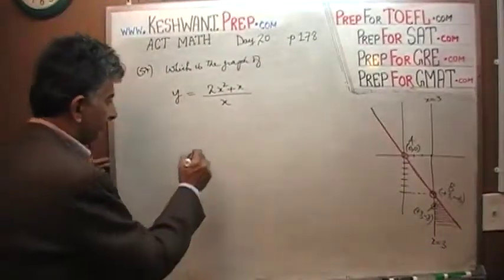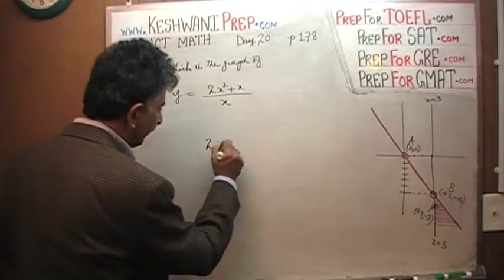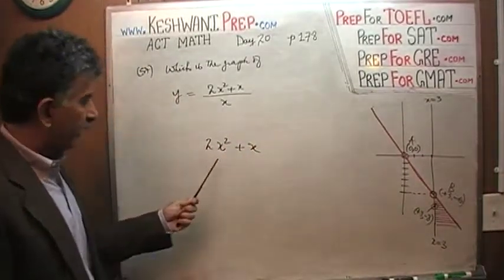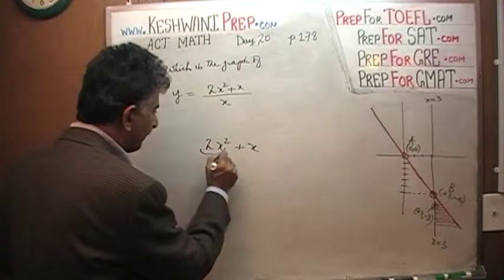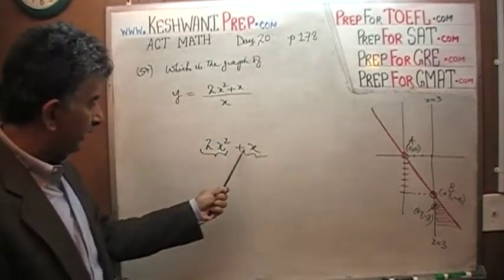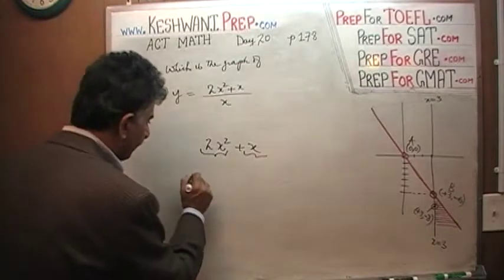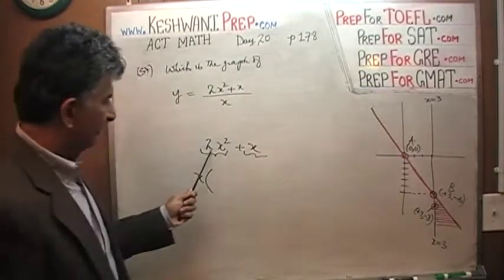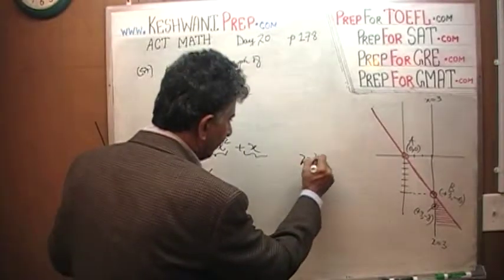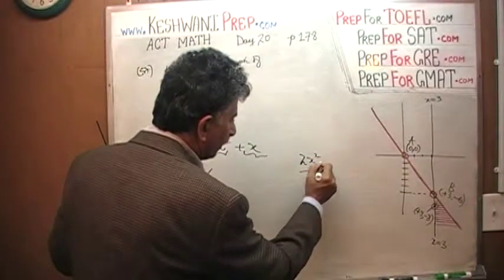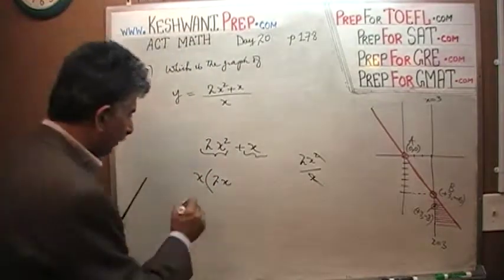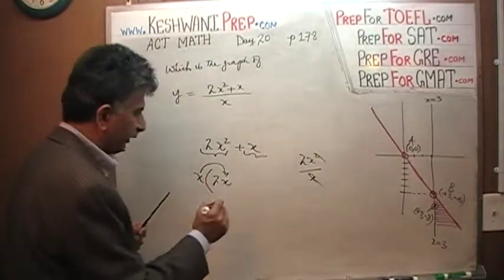What we have to understand is that the top part that is given to us, 2x squared plus x. Do you see any common factor between the first term and the second term? Of course, the common factor is the x. We can take out the x common. From 2x squared we are left with just 2x, because 2x times x is 2x squared.